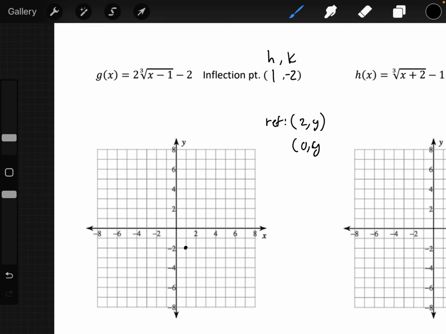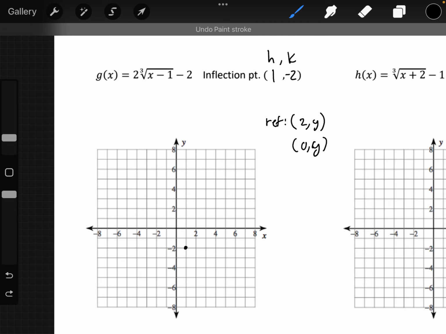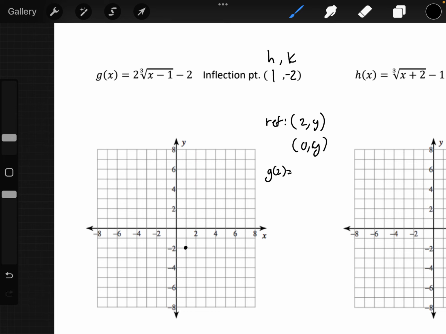Reference points of x equals 2 and x equals 0. So when x equals 2, y is equal to 2 times the cubic root of 2 minus 1, minus 2. That's 2 times the cubic root of 1 minus 2, which is 2 times 1 minus 2, so y equals 0.